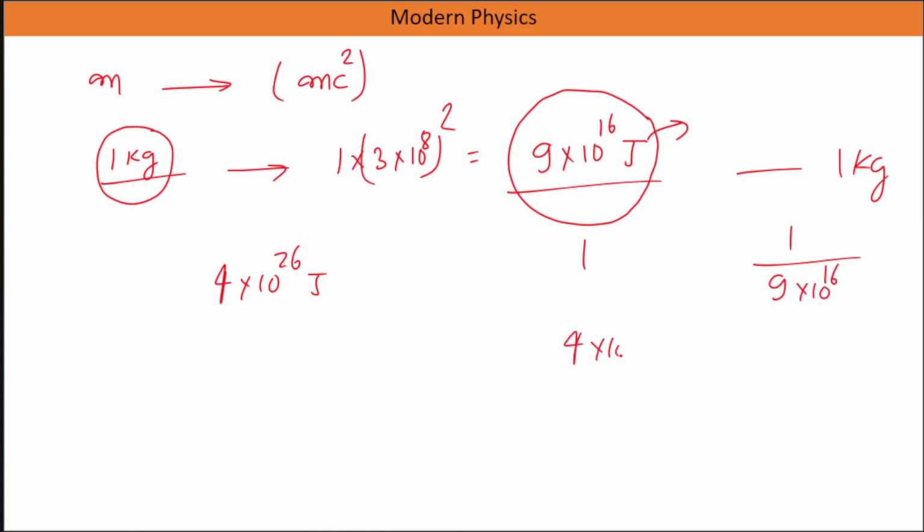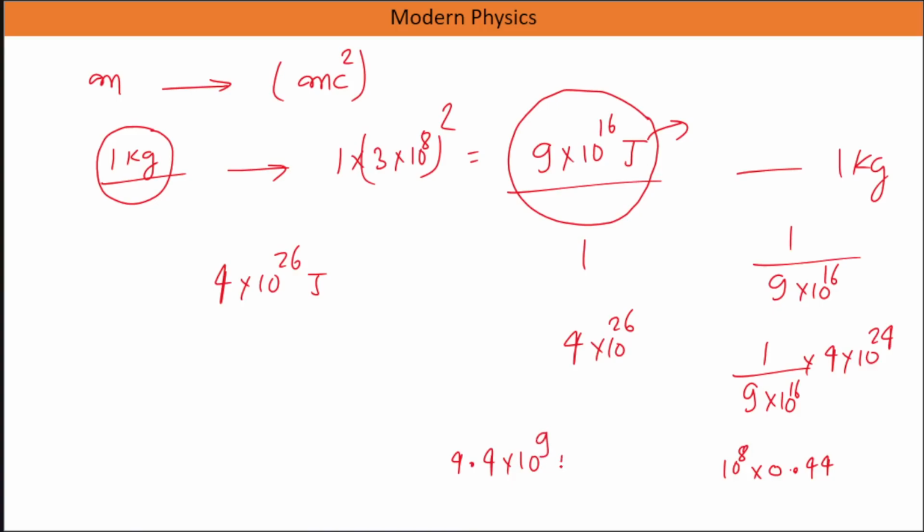So for this much energy coming out per second, how much mass is getting consumed? 1 by 9 into 10 to the power 16 into 4 into 10 to the power 26. So this is the simple relation. If you calculate it, 4 by 9, 10 to the power 16 from 26 you cut, 10 to the power 8 into 0 point something you will get, right? 0.4 or something like this. So you can make it 4.4 into 10 to the power 9 kg.